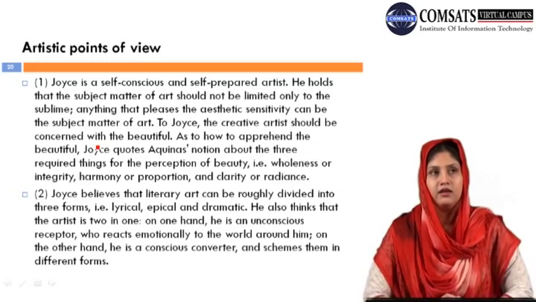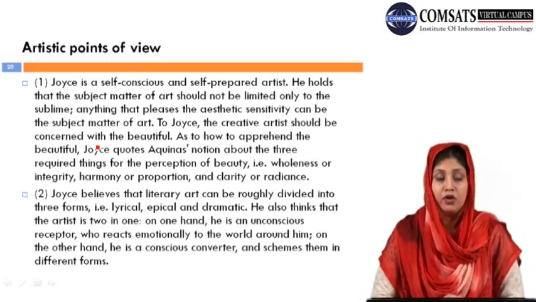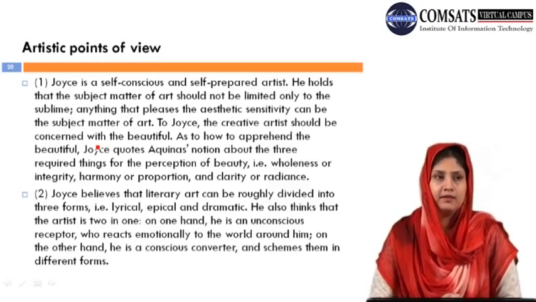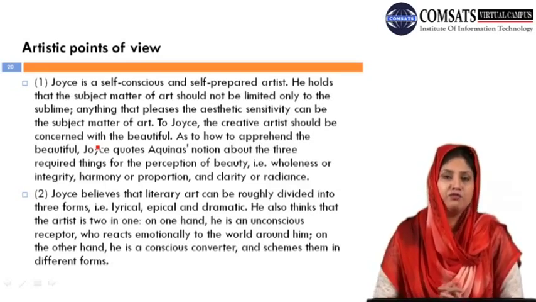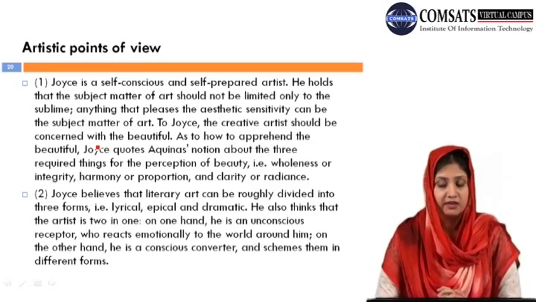Now, since the writers of the modern age focus a lot on beauty, because they think that anything that is beautiful can be subject matter of art, they have their own definition of beauty, and beauty is defined in quite different and unique ways.